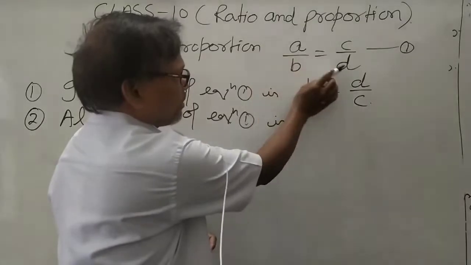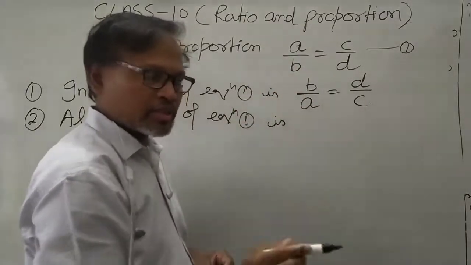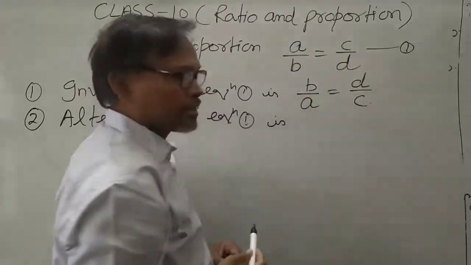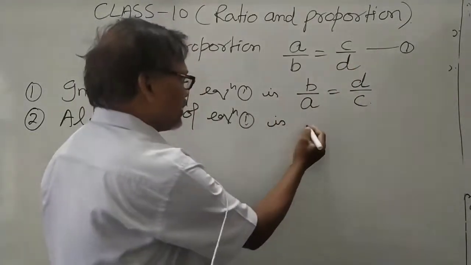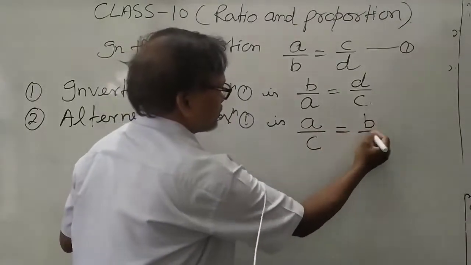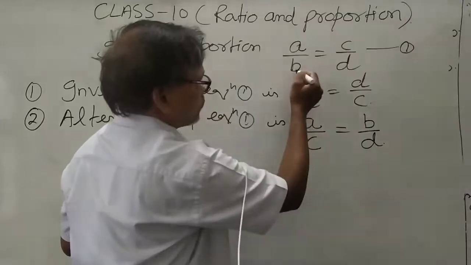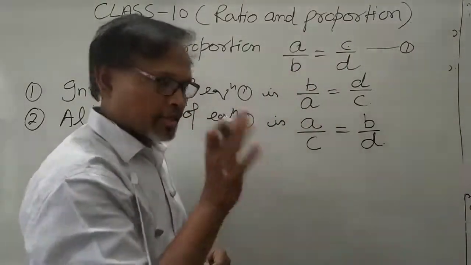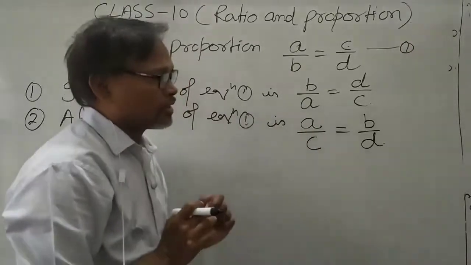This is called the primary diagonal in mathematics, and this is known as the secondary diagonal. So only interchange the secondary diagonal, these two. Interchange the secondary diagonal. This is called alternando.